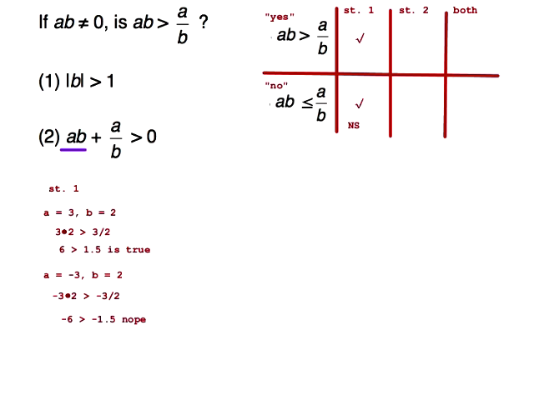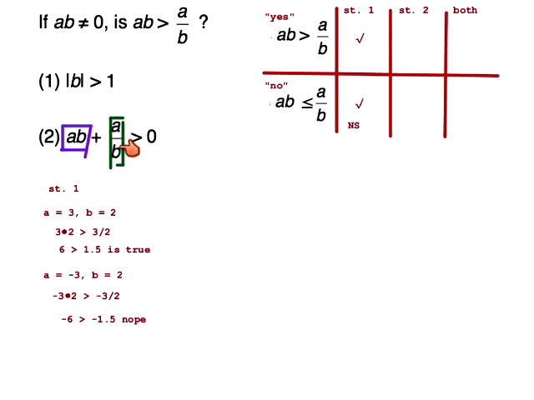When is AB positive? Yeah, when the signs of A and B are the same. When is that positive? Oh, hey, whoa, it's the same thing. It's exactly the same thing.